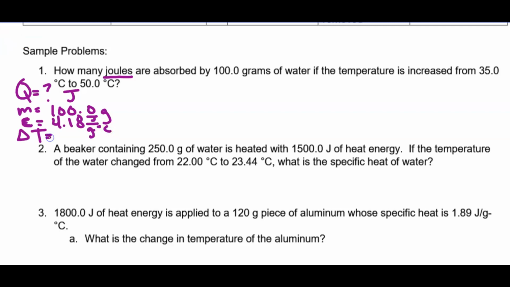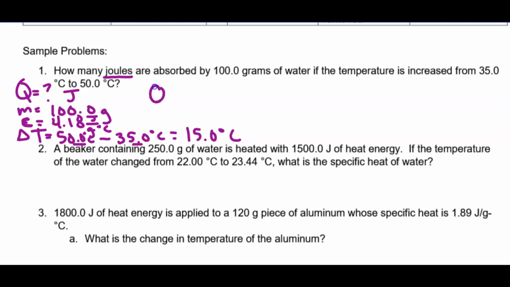Delta T is always final minus initial, so that's 50 degrees Celsius minus the initial of 35. And you can go ahead and solve that so it's ready to go for your formula. That would be 15.0 degrees Celsius change, and that's a positive change because it's final minus initial. The final is higher than the initial.